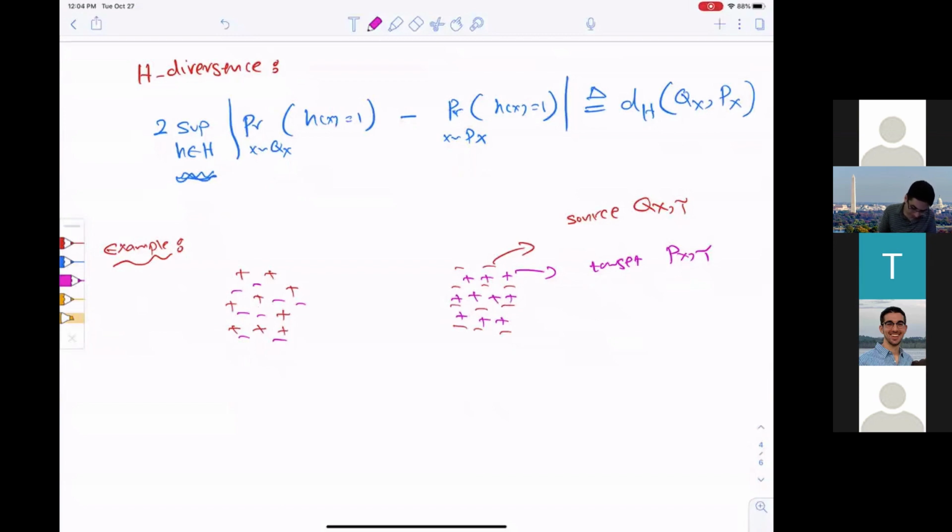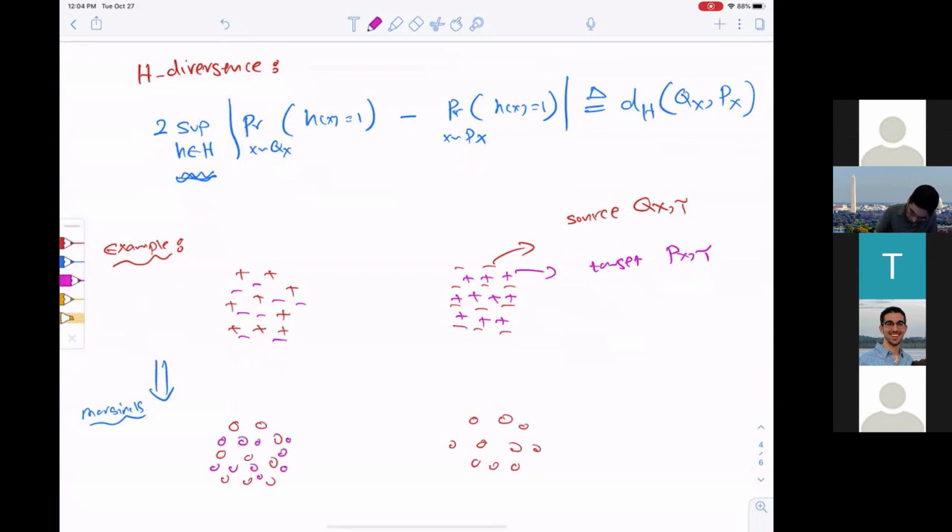Okay, so let's measure the H divergence between their marginals. First I need to look at their marginals. What do I get? I get some red points here, some red points here, and then some pink points here, and some pink points here.